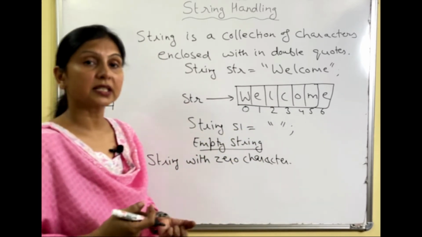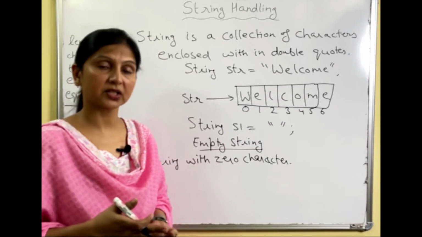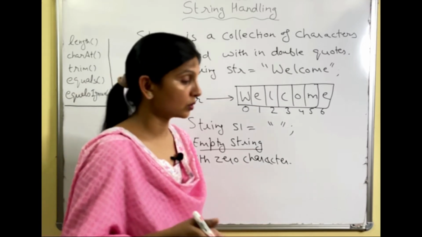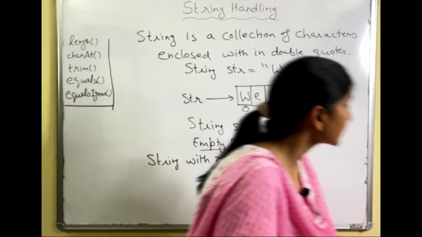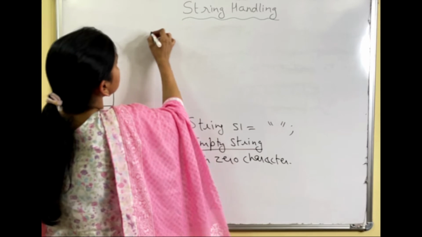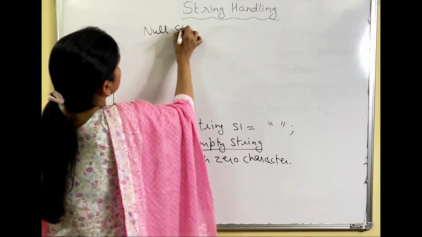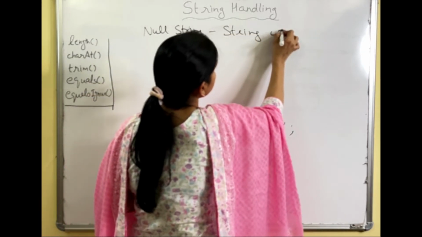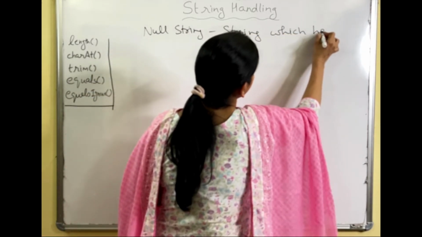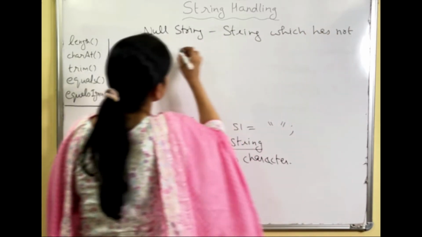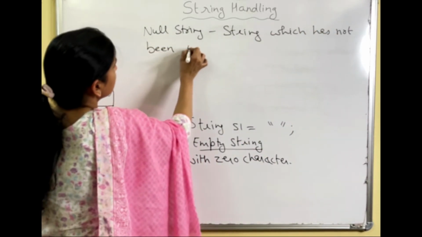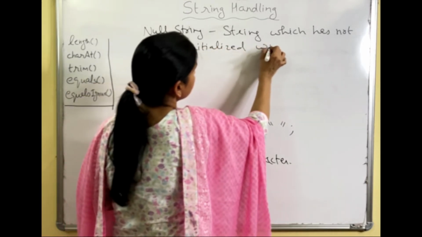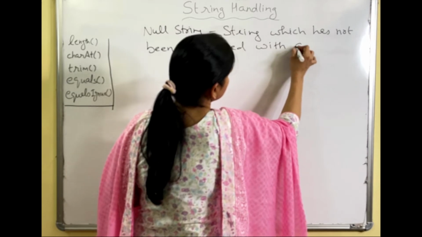Now one more term is there, null string. Are the empty string and null string both the same? No, this is also not the same. So what is a null string? A null string is a string which has not been initialized with any value, right?